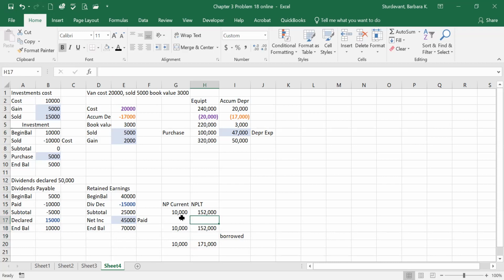So that means this 10,000 was paid, and this 10,000 comes from here. So then how much did we borrow to end up with the 171? Questions?